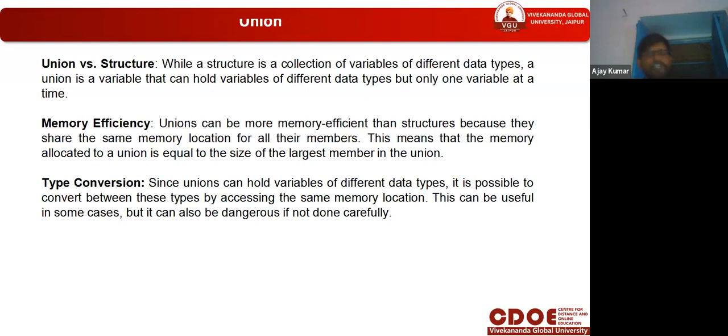So this is the key difference. On memory efficiency, I already defined that a union uses much less memory, but a structure allocates separate memory for all the members, while in a union the maximum size of the memory is used for a data member. The uses of union and the structure of union are the same.